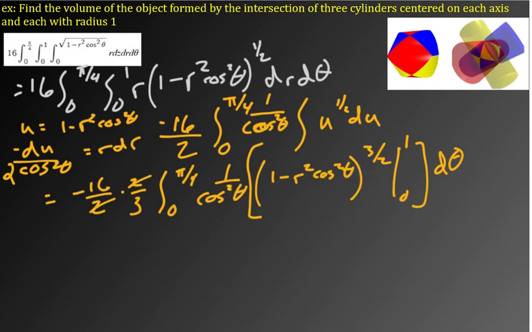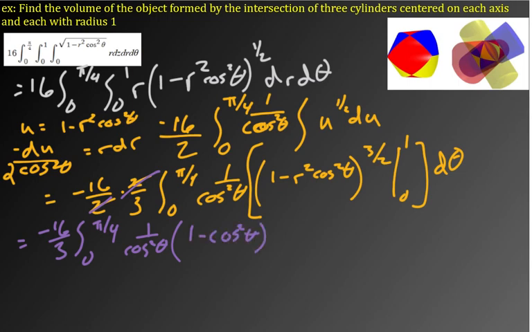And so we've killed off some of these. So long story short, we got a minus 16/3 in front, 0 to pi over 4. We've got a 1 over cosine squared theta now times a 1 minus cosine squared theta to the 3/2 minus a 1 d theta.